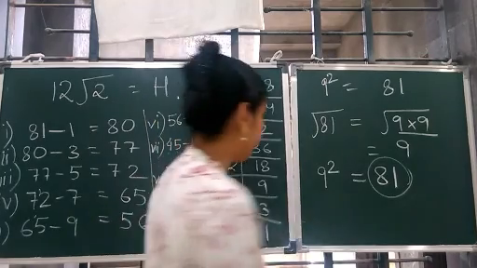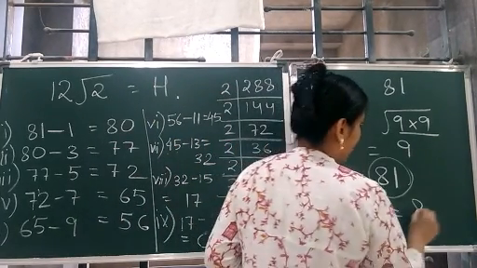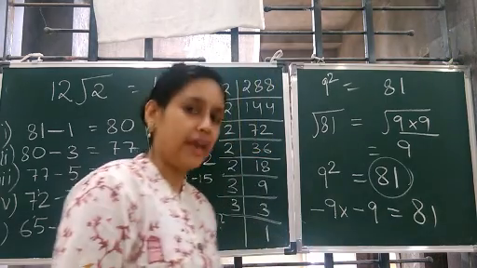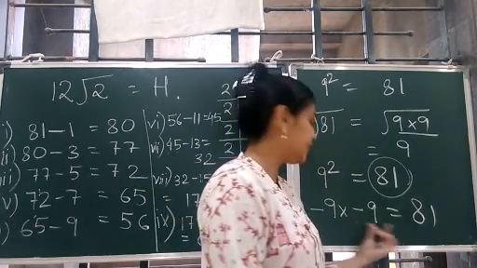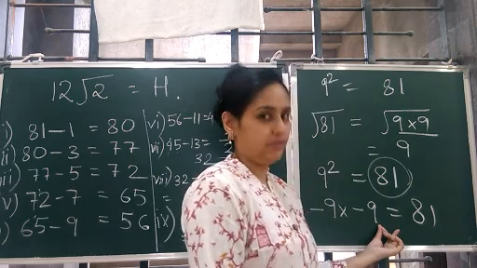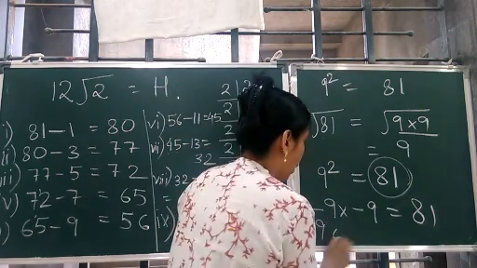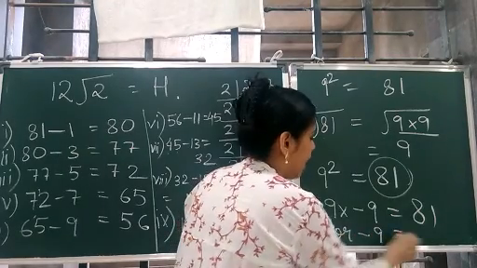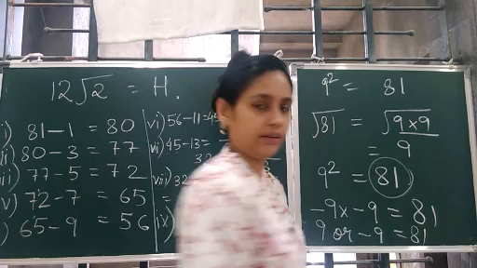Okay, in this, if I write this, will answer come 81? Yes. How? Minus into minus becomes plus. So 9 9s will give us 81. So we can say that 9 or minus 9 are the square roots of 81.